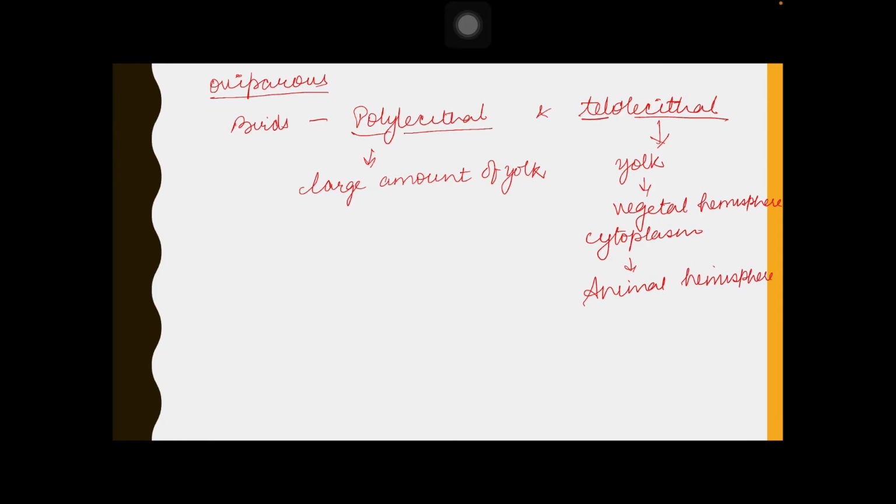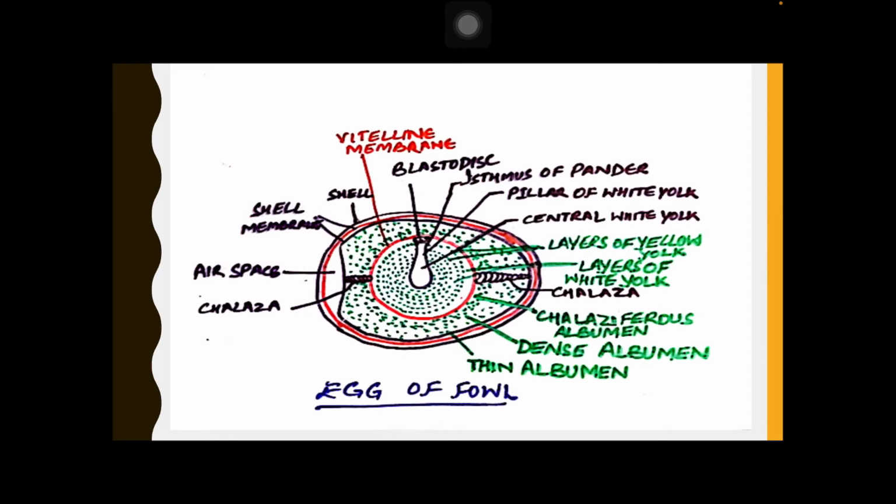So we will start with the structure of the gametes first in case of fowl, that is sperms and ova. Let's discuss the structure of the egg first. The egg in case of fowl consists of an ovum and the tertiary membranes around it, right?